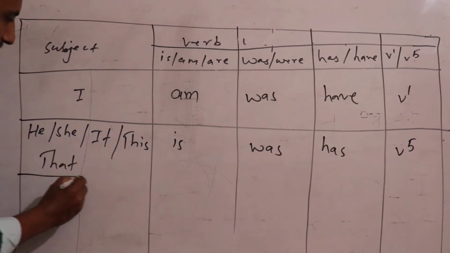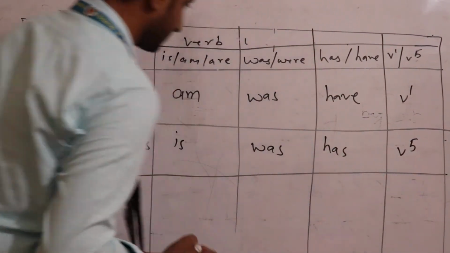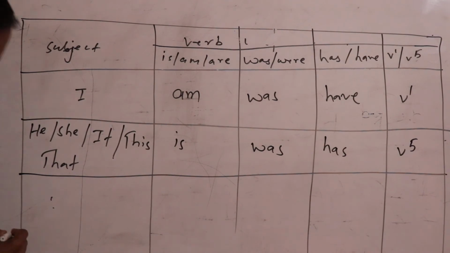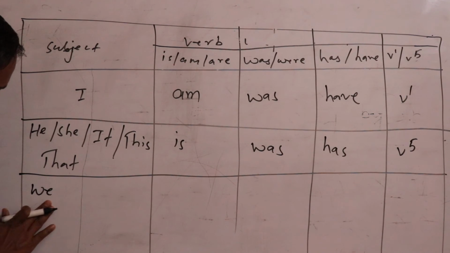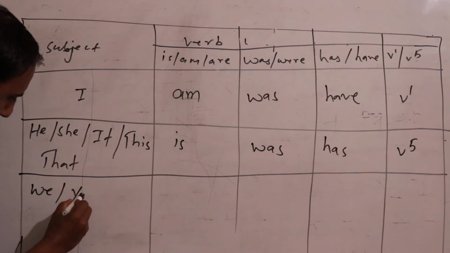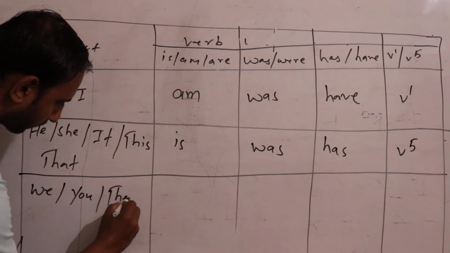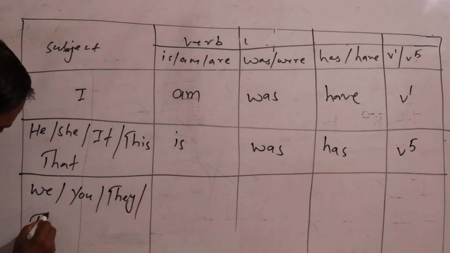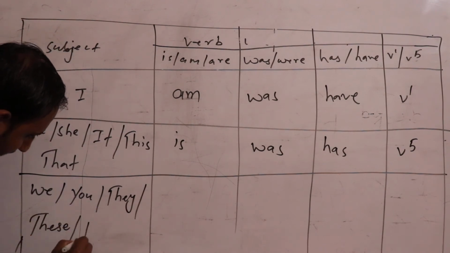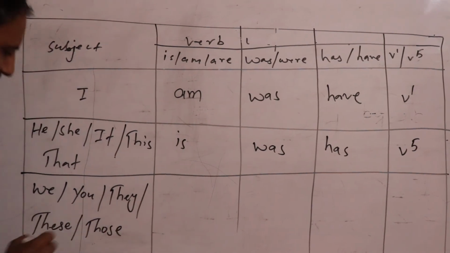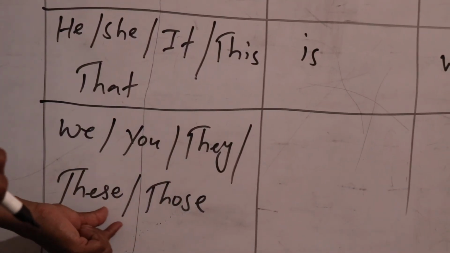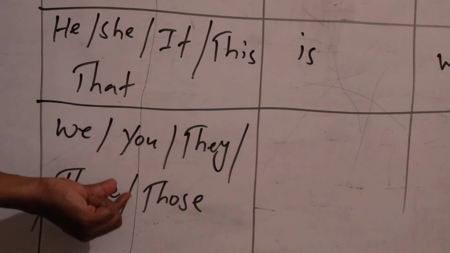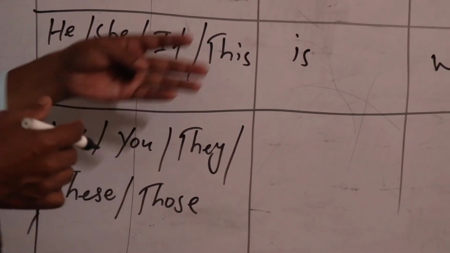Yes? So now, after this, we, you, they, these, those. Okay, now when there are we, you, they, these, those, when these kinds of subjects are there, what will you select here?